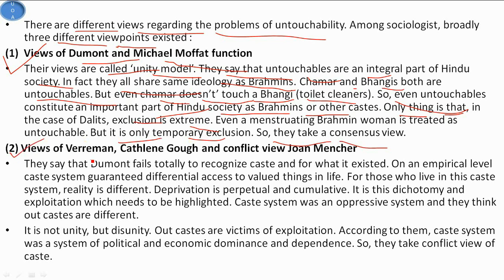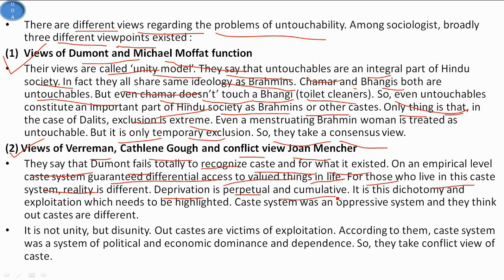And the second is the view of Verma, Kathleen Gough, and the conflict view of John Mencher. Basically they said that Dumont fails totally to recognize caste for what it is. On an empirical level, the caste system guaranteed differential access to valued things in life. For those who live in this caste system, reality is different.